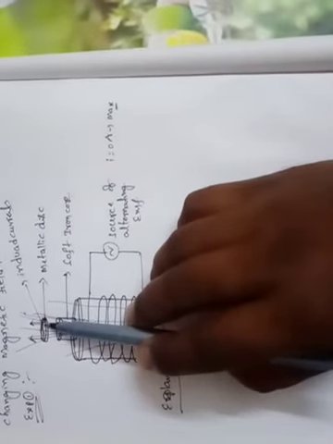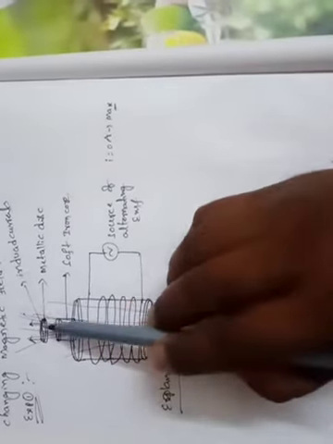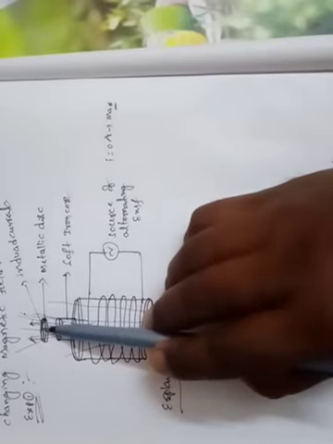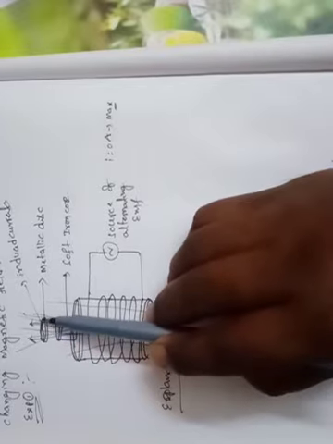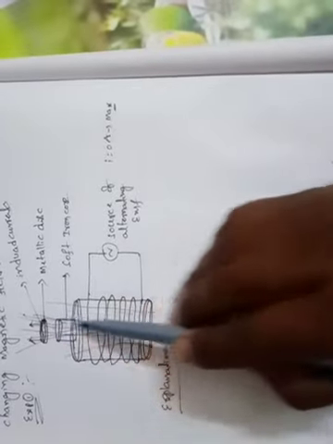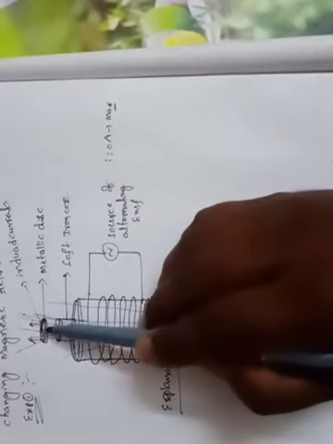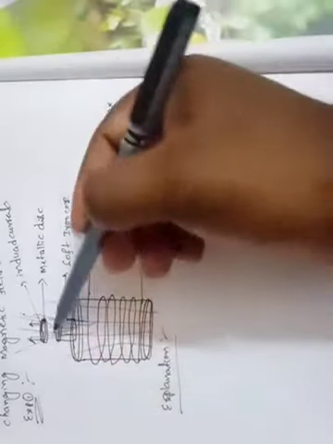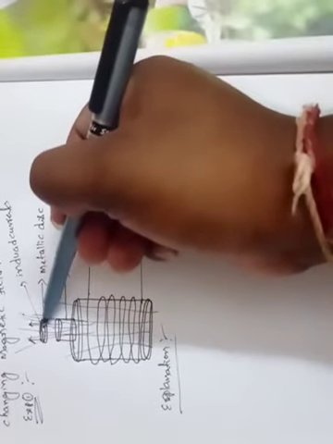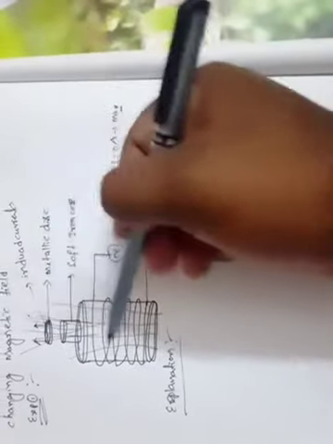According to Lenz's law, induced currents are produced in such a way that they oppose the increase of the flux. Here the flux is going to increase in this direction, so the induced currents are produced in such a way as to decrease the flux. To decrease the flux means it should produce flux in the opposite direction.